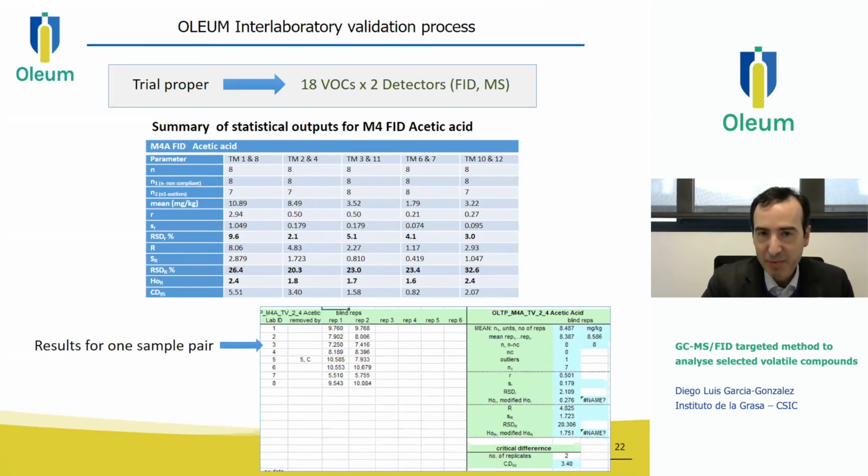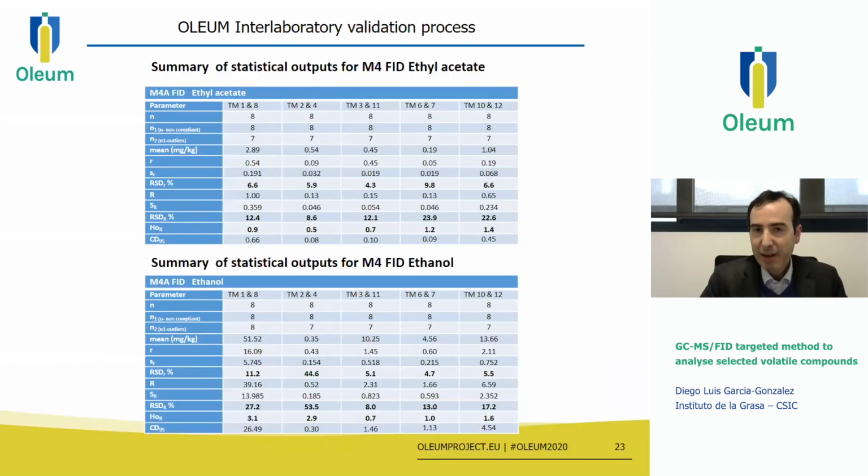Here we have, for example, for the FID, for acetic acid, some values that go from 20 to 30% of relative standard deviation in the case of reproducibility. In this case, we work with 5 samples that were actually duplicated. So we obtain all these parameters. Other examples are ethyl acetate, where we obtain a value from 8 to 24%.